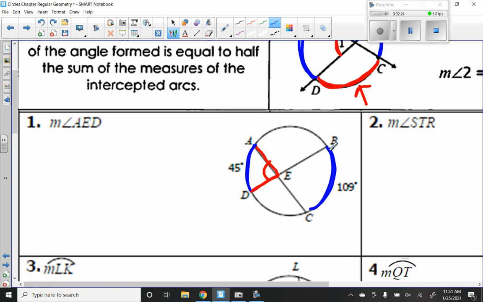All you do is add them together. So angle AED equals 45 plus 109, and you take half, so we can just divide it by 2. That would be the formula. So if you do that in your calculator, 45 plus 109, hit equals, and then divide by 2, you'll find that angle.